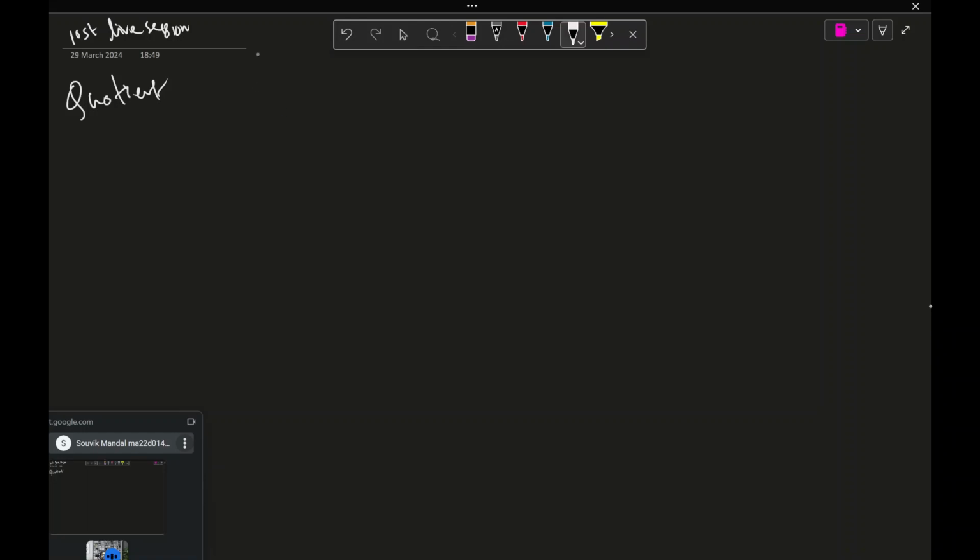So today we shall start with the quotient topology. Let's get into definitions.